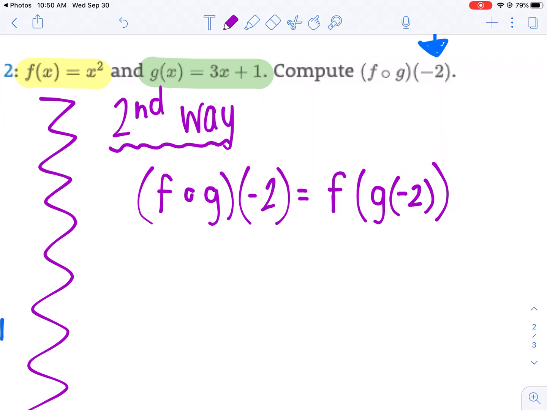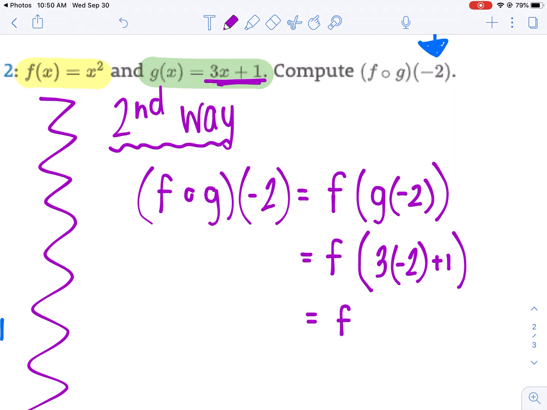So if I'm plugging in a -2 to the g function. Well, here's my g function. Remember, it's green. So instead of x, put that -2. Simplify, I get -5. Now, -5 goes into my f function.